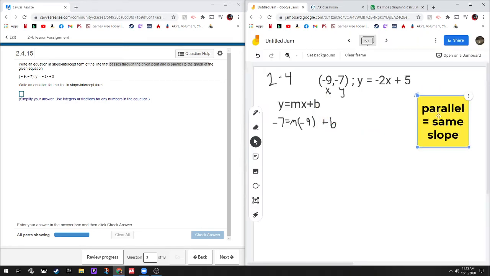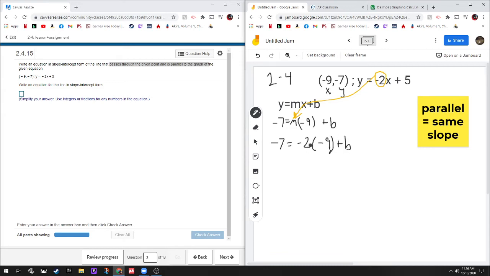Parallel is same slope. So when I see that my first line, y equals -2x plus 5, remember, slope is this number. That means it's the same in our new line too. So I could say -7 is equal to -2 times -9 plus b.